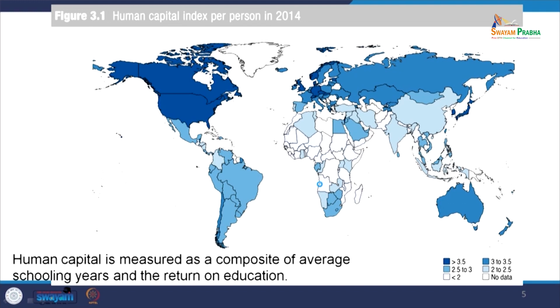So, regarding the human capital index per person in 2014, as per the latest official figure, we must try to understand that there are variations. Human capital in this figure is measured by a composite average of schooling years and return on education. These are the two directions by which human capital has been measured. Based on this, in 2014, the countries shaded dark blue have an index greater than 3.5.